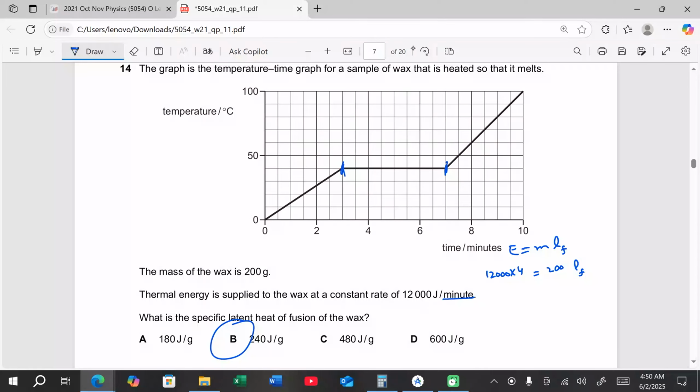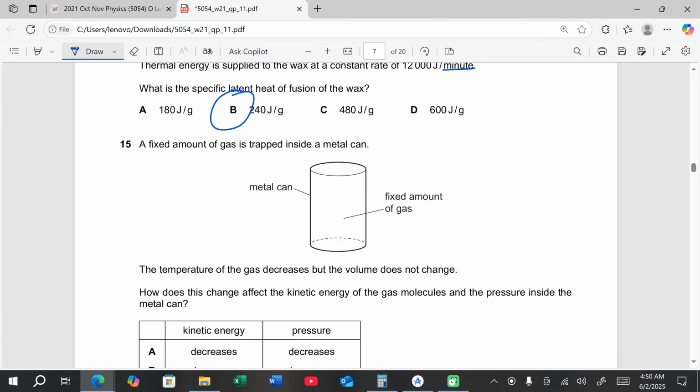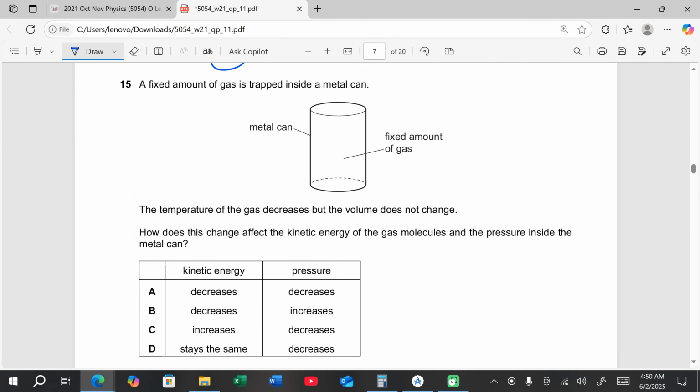Okay, so in question number 15, a fixed amount of gas is trapped inside a metal can. The temperature of the gas decreases, but the volume does not change. How does this affect the kinetic energy of the gas and the pressure inside the metal can?